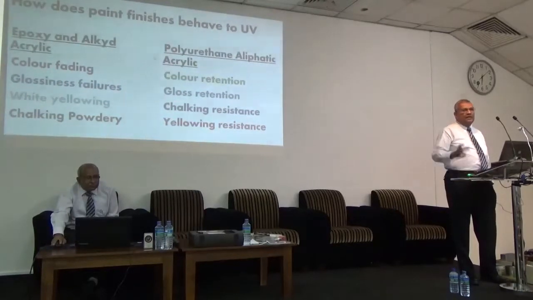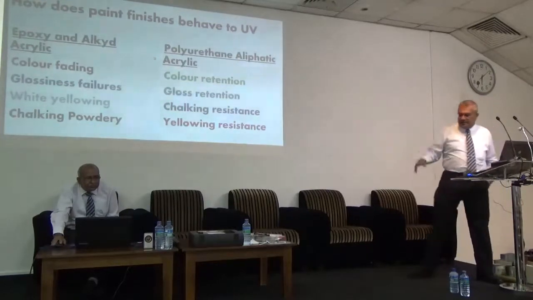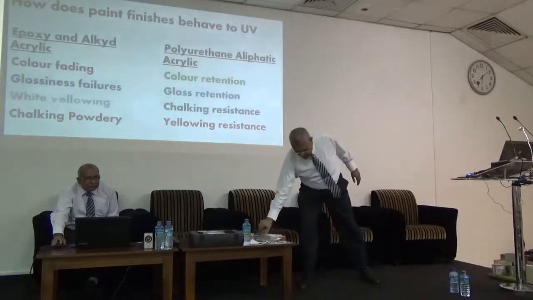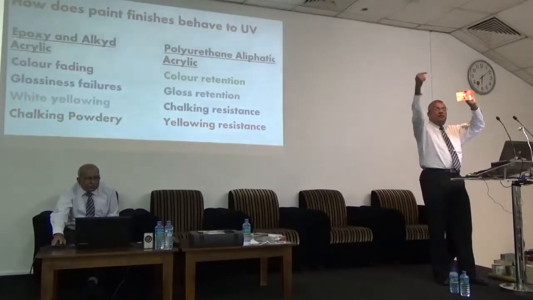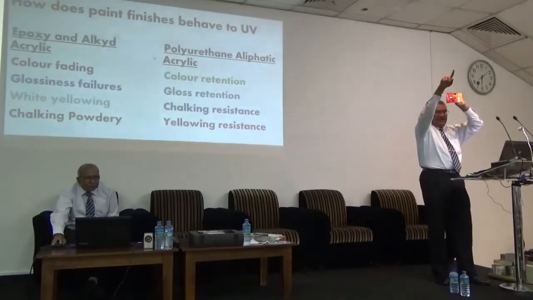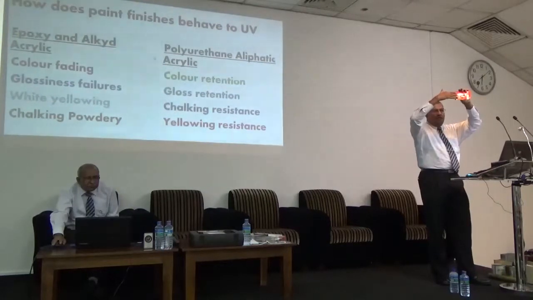Because now we have to protect the paint from UV. So as we discussed, why do you see this as red? Because the red color will reflect. All the other colors will absorb. Now in the epoxy, the UV will absorb. The IR will absorb.